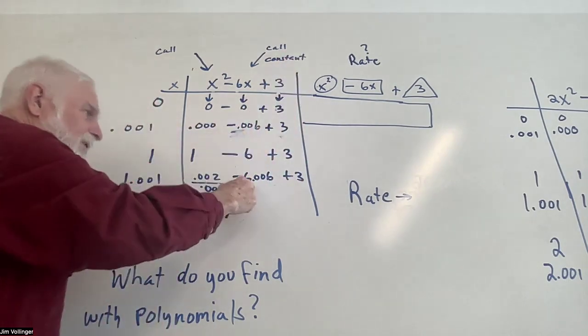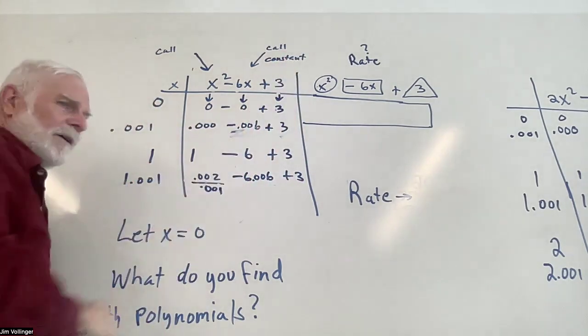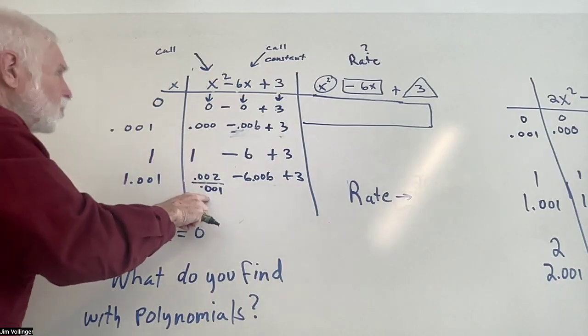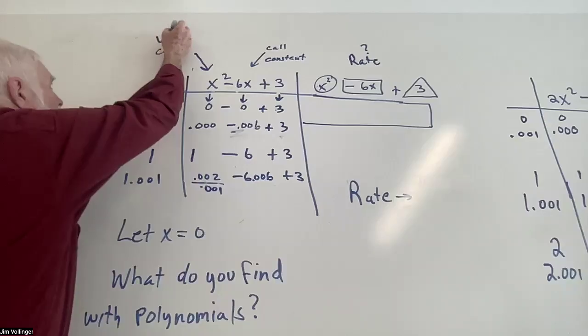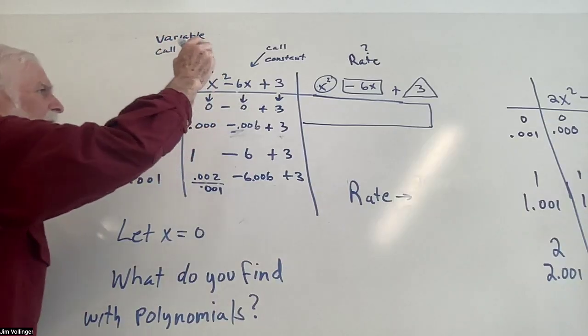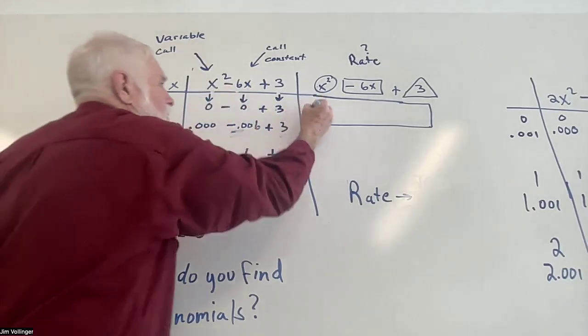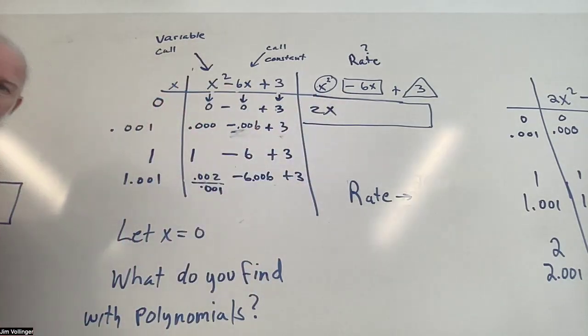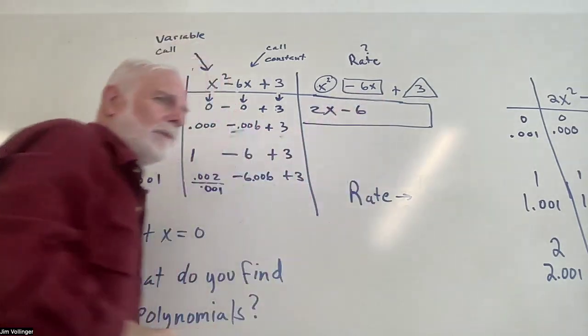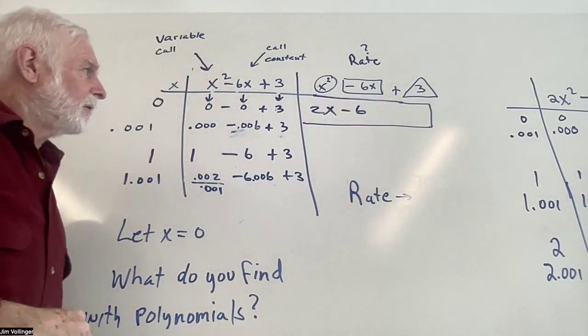The change seems to be constant from one y value to the next, whereas this one seems to be variable. And I think we said that that rate of change is really 2 times the x value. And this rate of change seems to be consistently -6.